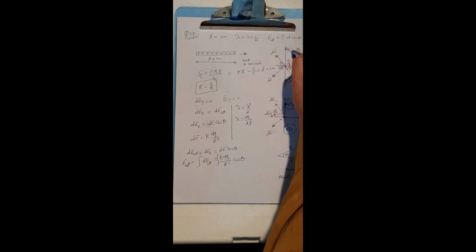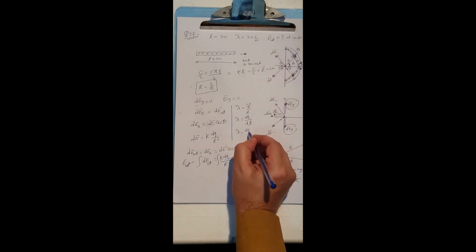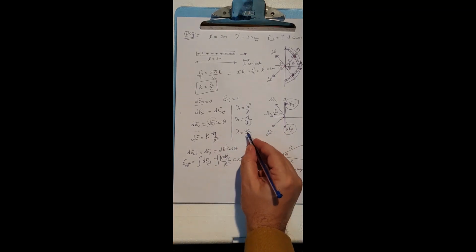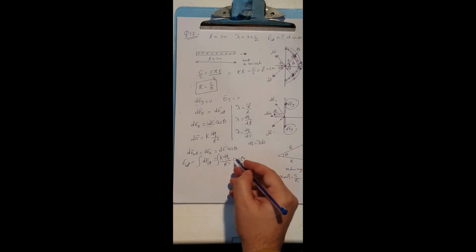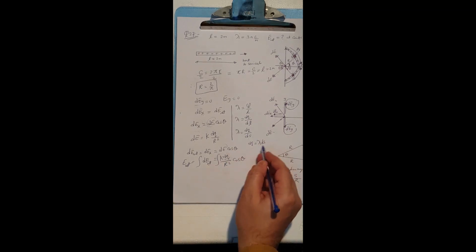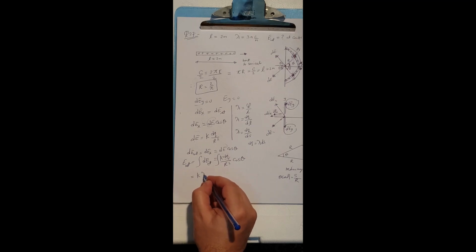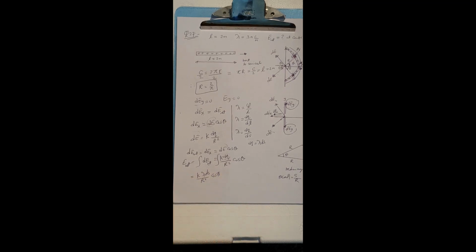So L here is an s, so lambda is dq over ds, which means I can replace dq with lambda ds. So dq is equal to lambda ds. So now I can replace this one with lambda ds, which means I have k lambda ds over r square cosine theta.